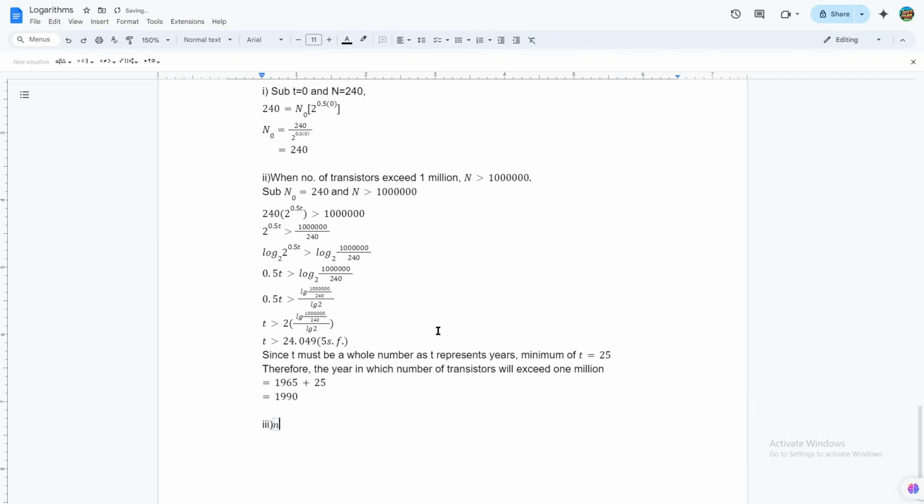So n equals 240 times 2 to the power of 0.5 times (2025 minus 1965). This will give us a really weird and really big number, which is 2.576980378 times 10 to the power of 11.